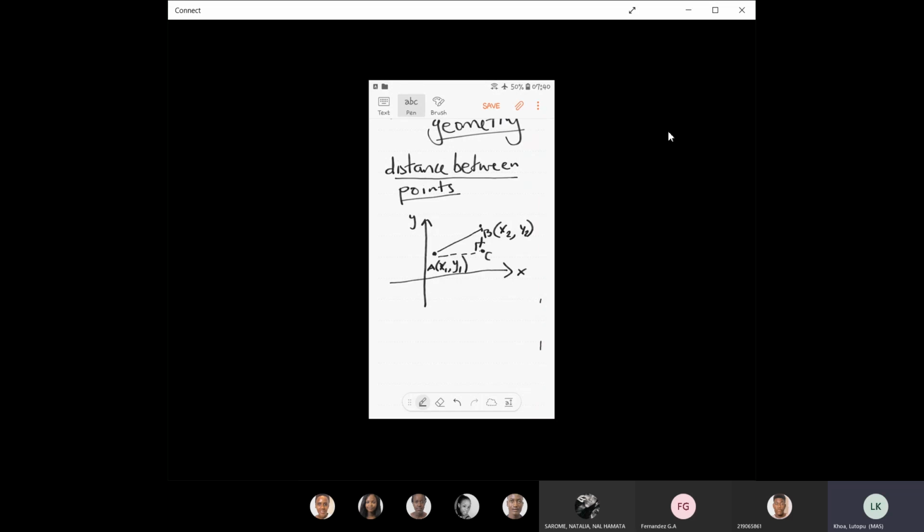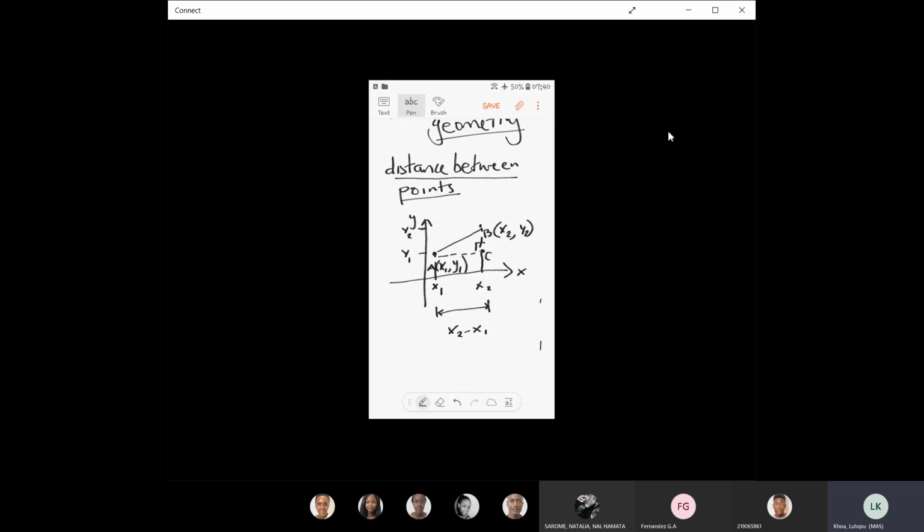Now the x-coordinate of A is x1, and the y-coordinate is y1. The x-coordinate of B is x2, and the y-coordinate of B is y2. So this length AC, if I wanted to work it out, I would just say x2 minus x1.